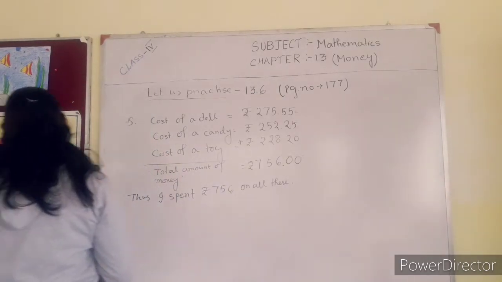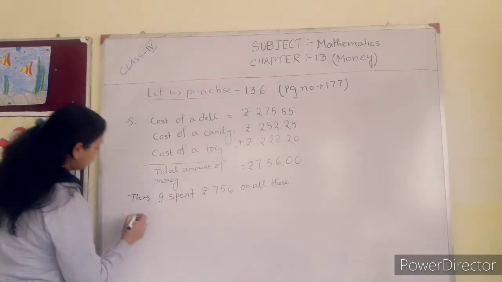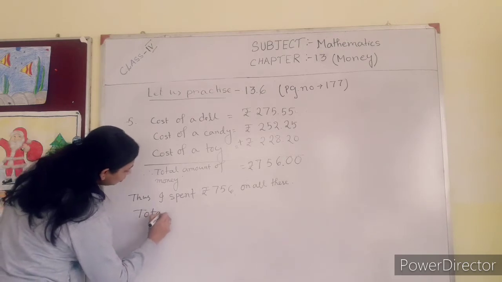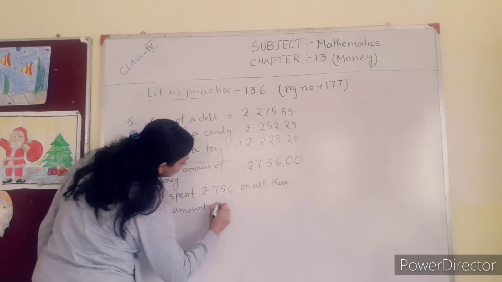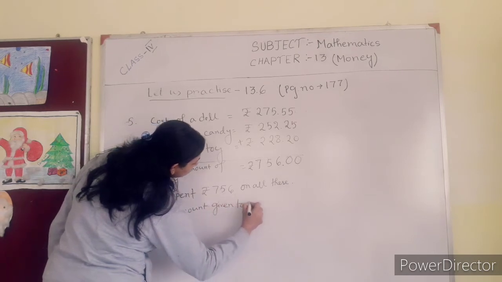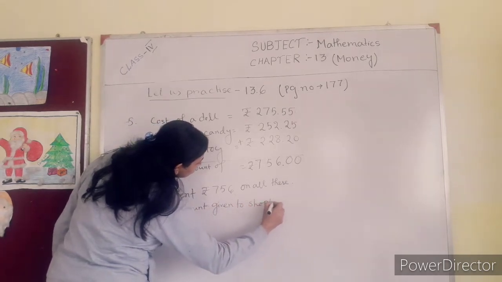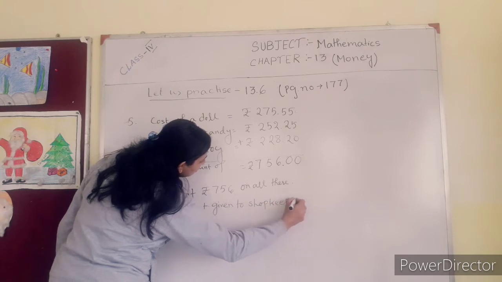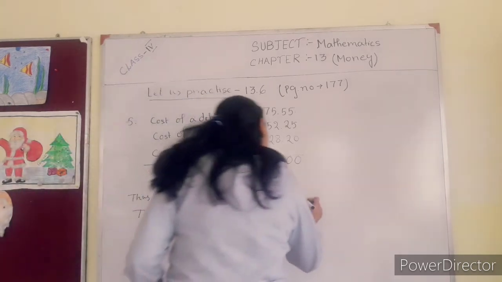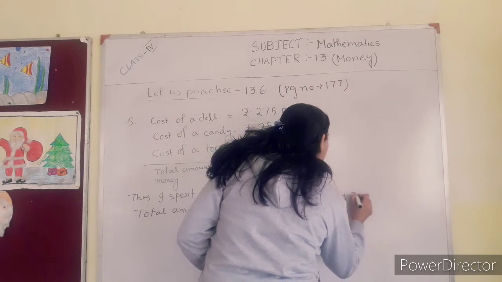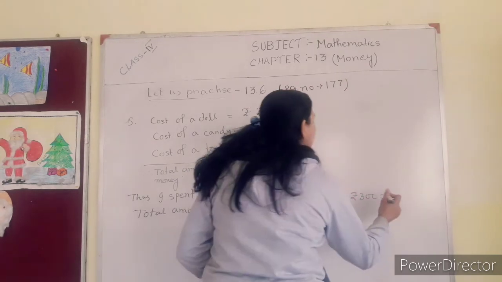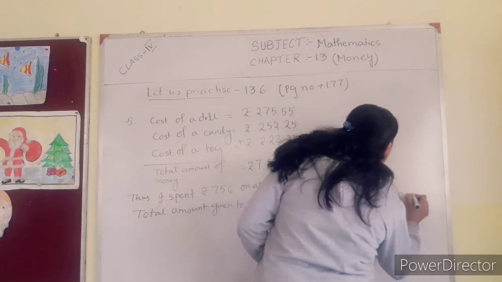Total amount given to shopkeeper equals rupees 500 plus rupees 300 equals rupees 800.